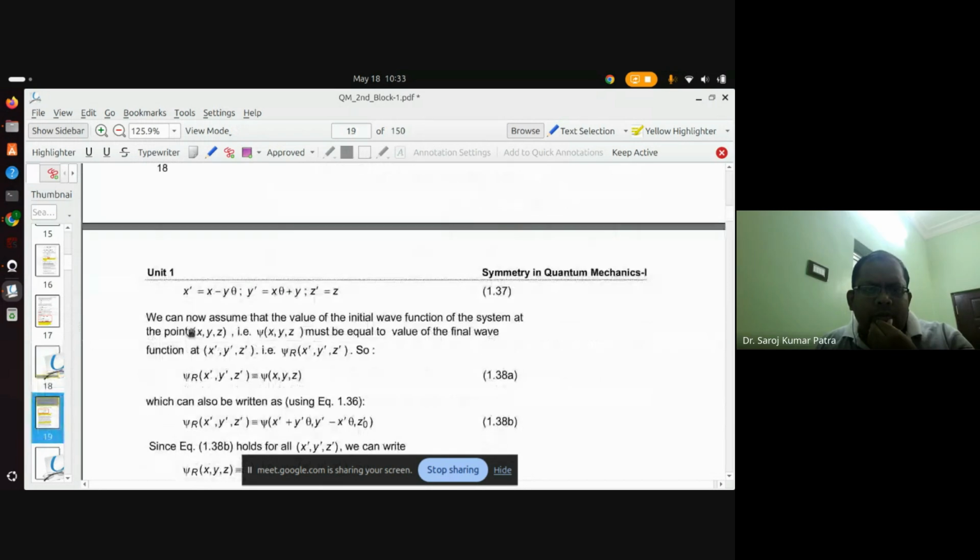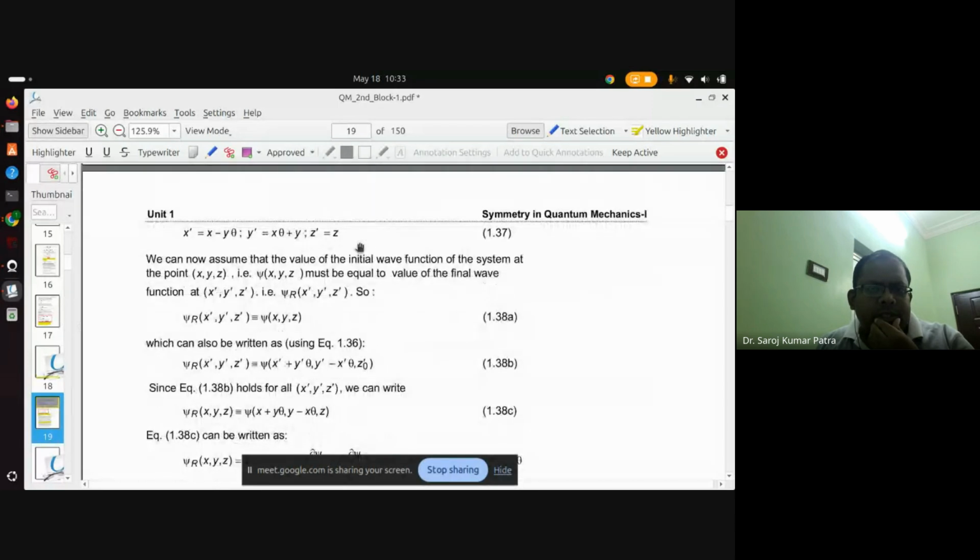So x prime becomes equal to x minus y theta, y prime becomes x theta plus y, and z prime becomes z. In that case, the rotated or transformed wave function psi r of x prime, y prime, z prime will be equal to psi of x, y, z, because that's the requirement for symmetry, right? Symmetry is something which will not change our system, it is invariant.